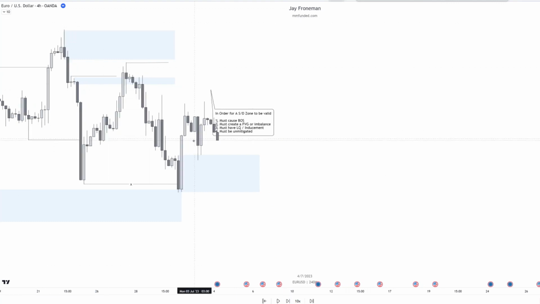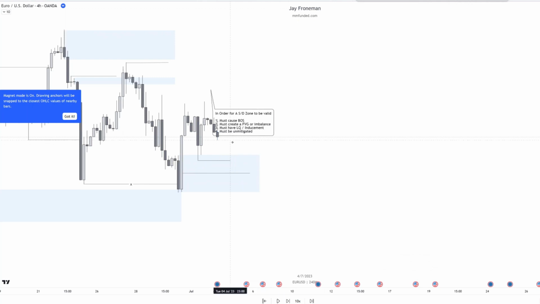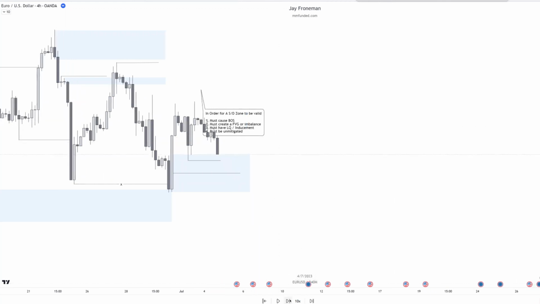Okay, so we've had mitigation of this demand, which can also become liquidity for the 50% of this demand area. So a good confluence trade in this example would be a sweep of this inducement into the 50%, which would be your sell side liquidity, to then look for confirmations on the lower time frame, whether that's a 1-minute displacement fair value gap entry, to continue long.